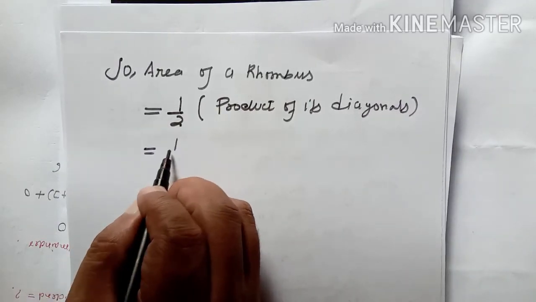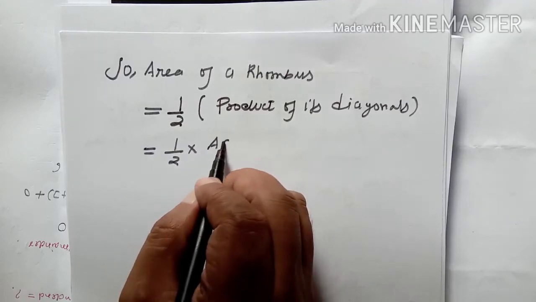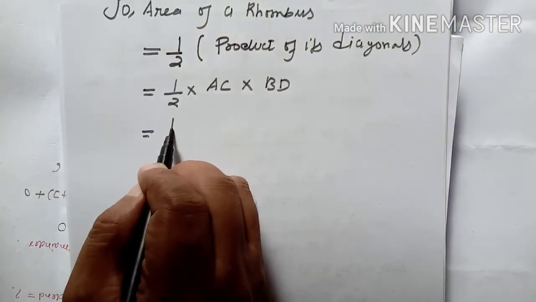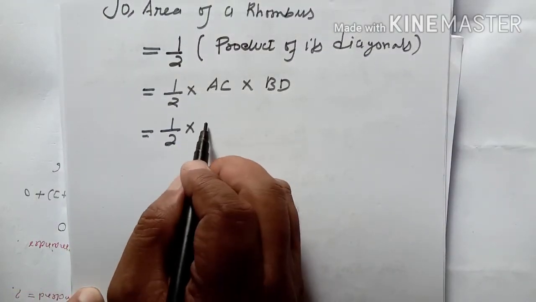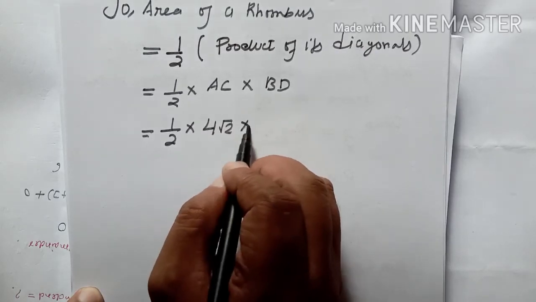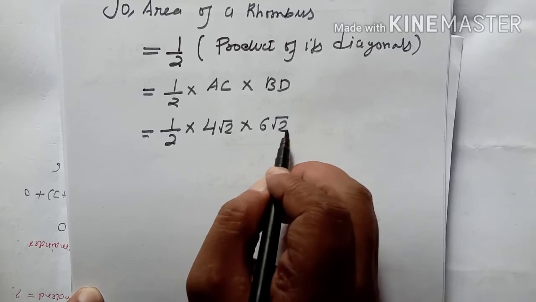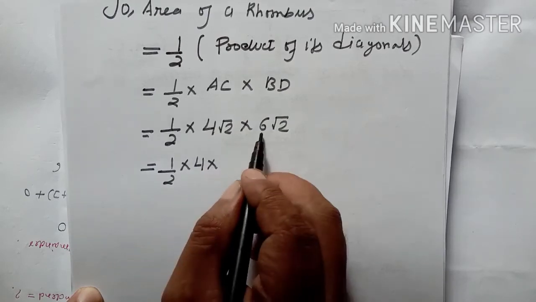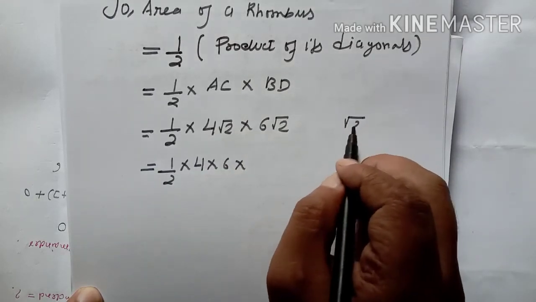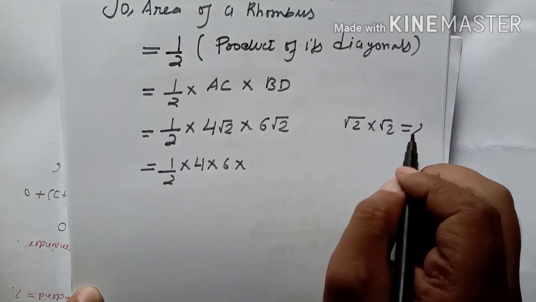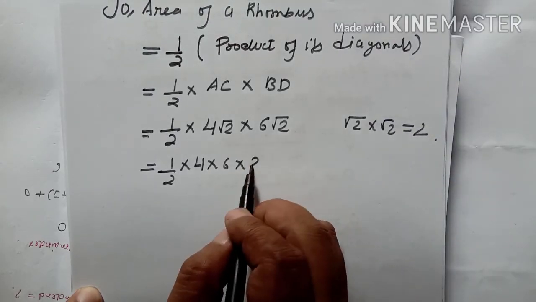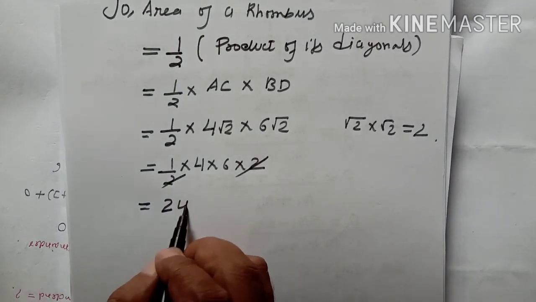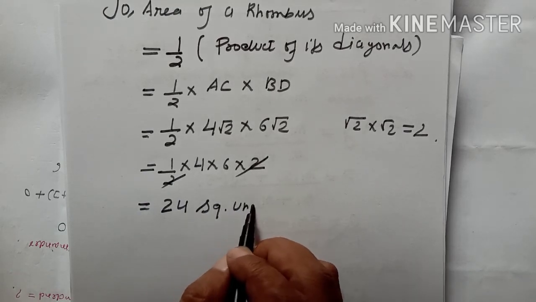Now substitute: half into diagonal AC times diagonal BD. We already found above AC as 4 root 2 and BD as 6 root 2. So half into 4 into 6 into root 2 into root 2, and root 2 into root 2 equals 2. So the 2 cancels with the half, and remaining 4 times 6 is 24. So the area is 24 square units.